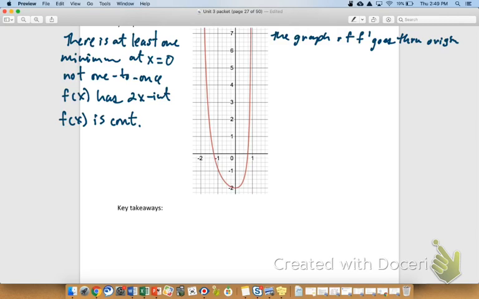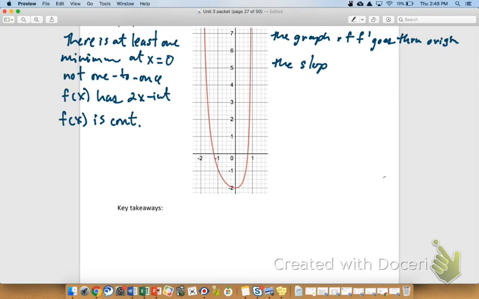Whoa, she just loaded us up with a ton of stuff right there. She said to the left of the minimum, the slope of f is negative, and to the right, the slope of f is positive. This is a place, at least for today, we want to go. So stop and think about it. I'll write this down.